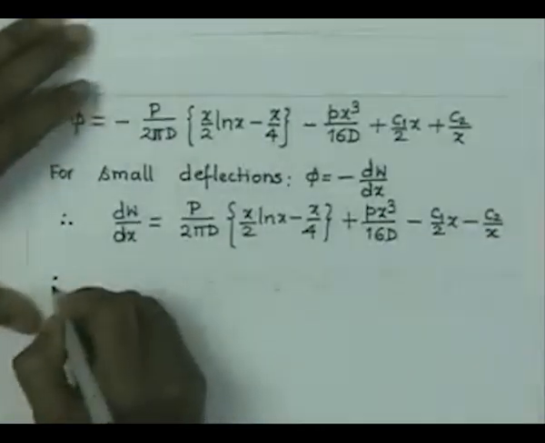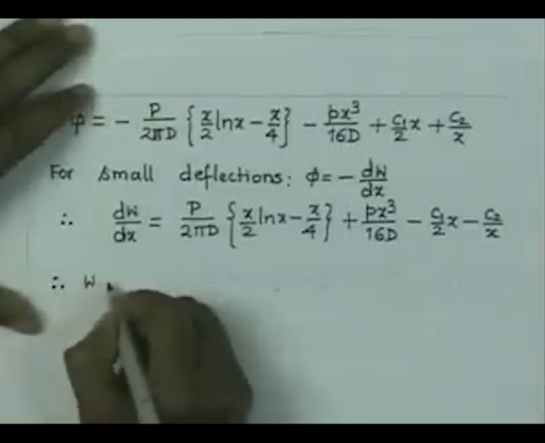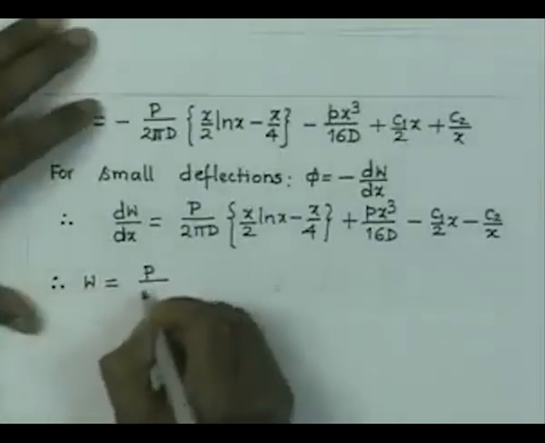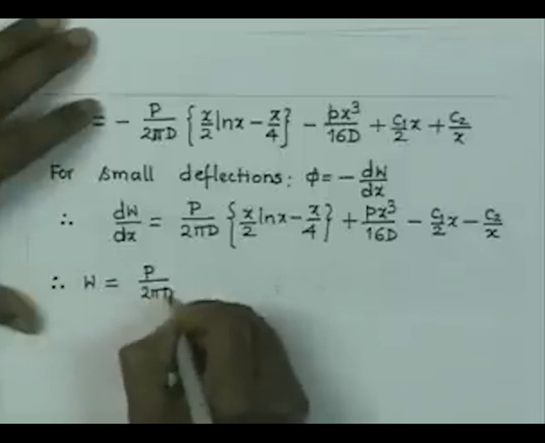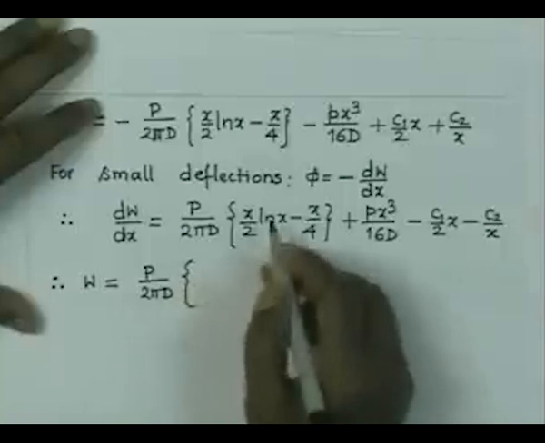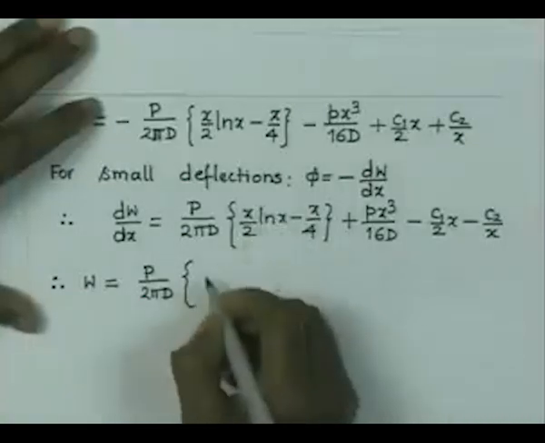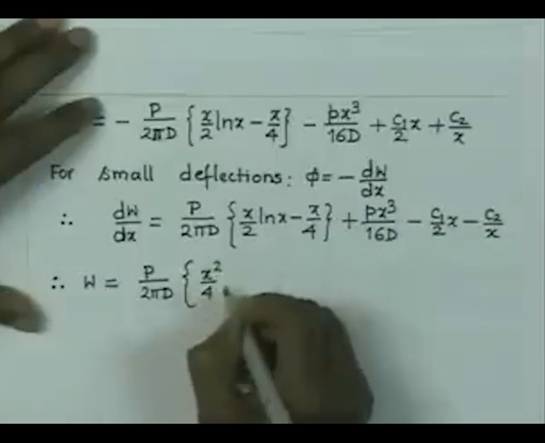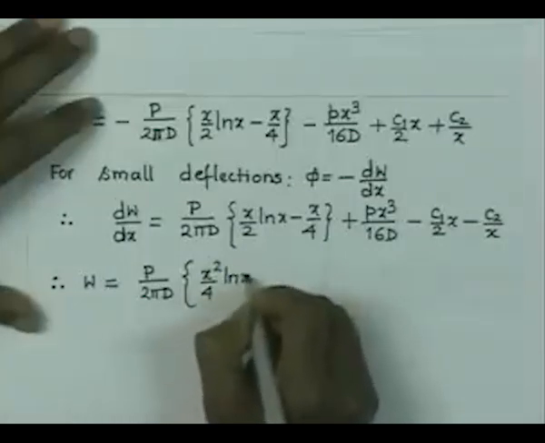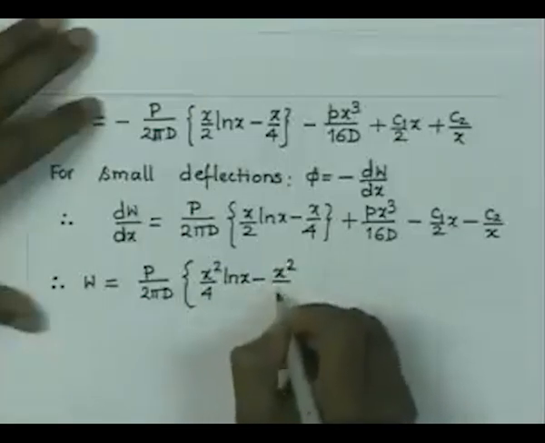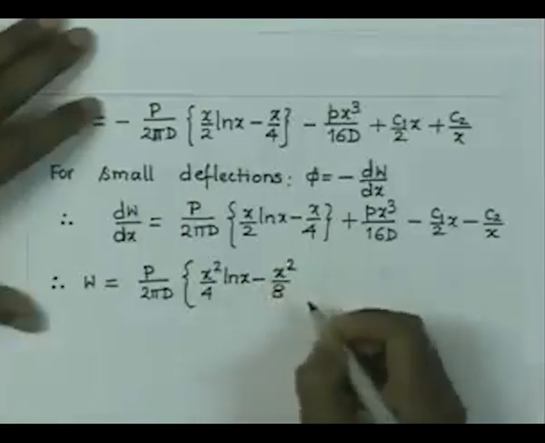Therefore, w deflection is obtained on integration, which is nothing but capital P by 2 pi D, and integration of this is again a product of two functions. So, we will now get x square by 4 ln x minus x square by 8.